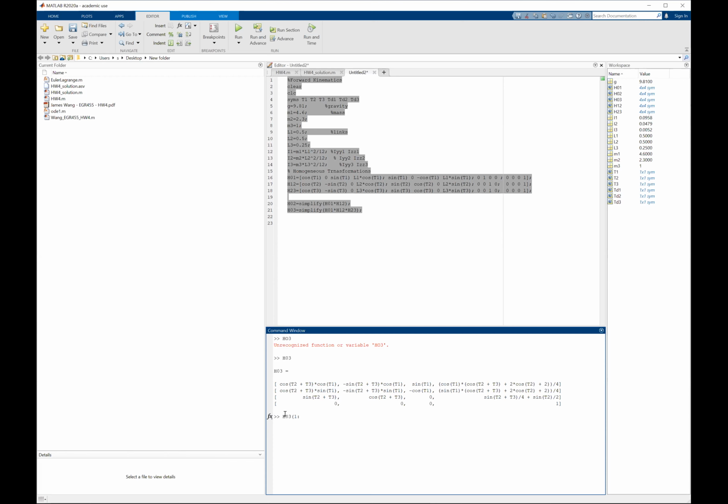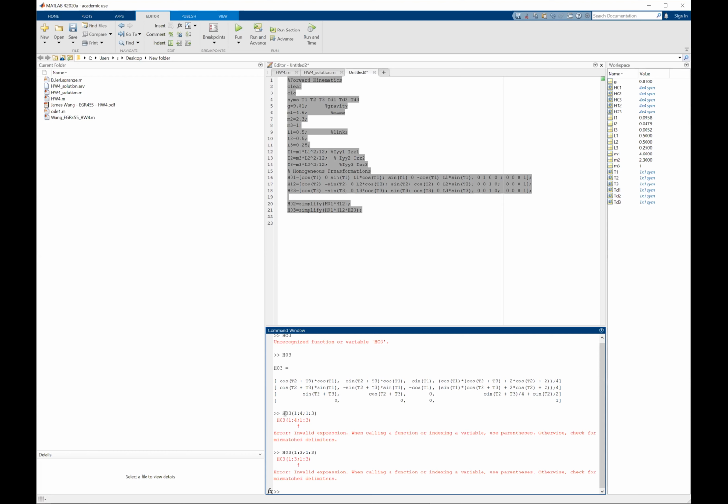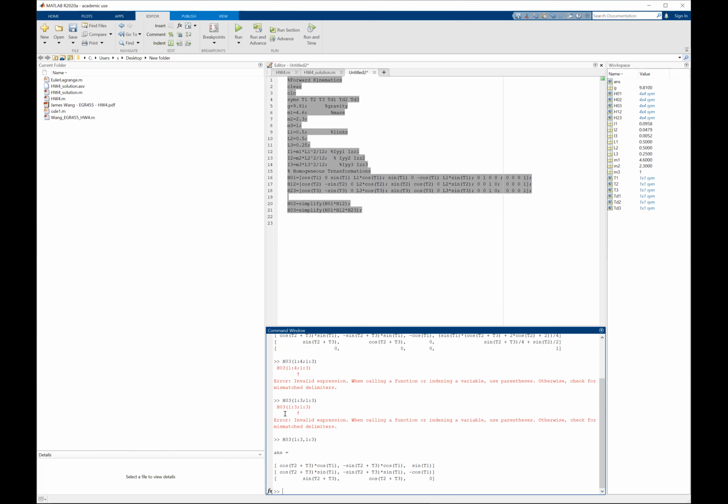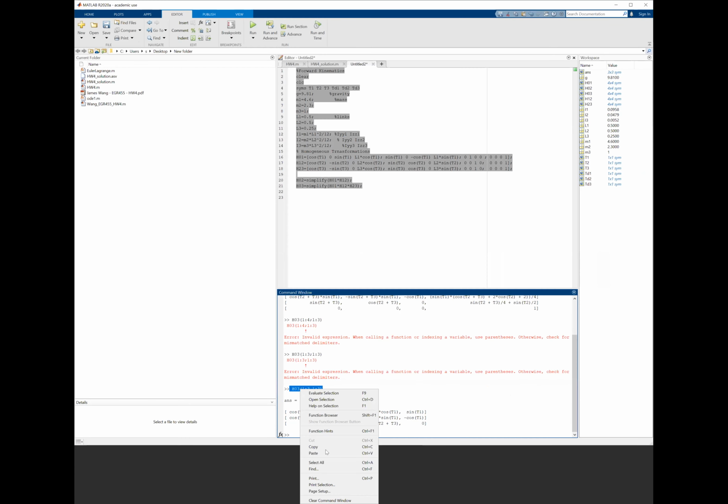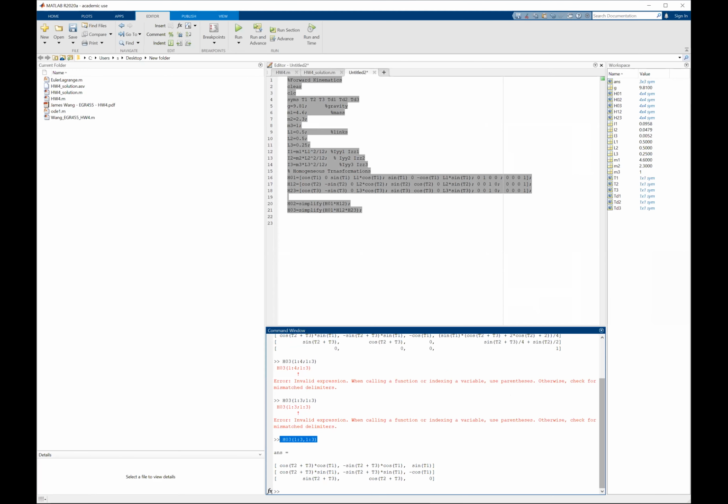So if I were to say h03, rows 1, 2, 3, columns 1, 2, 3, this is actually your 0R3.